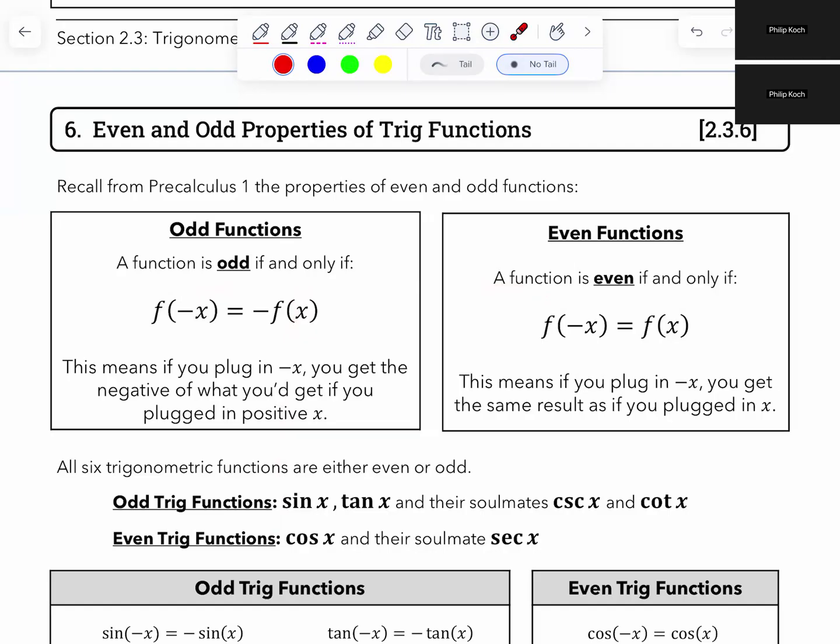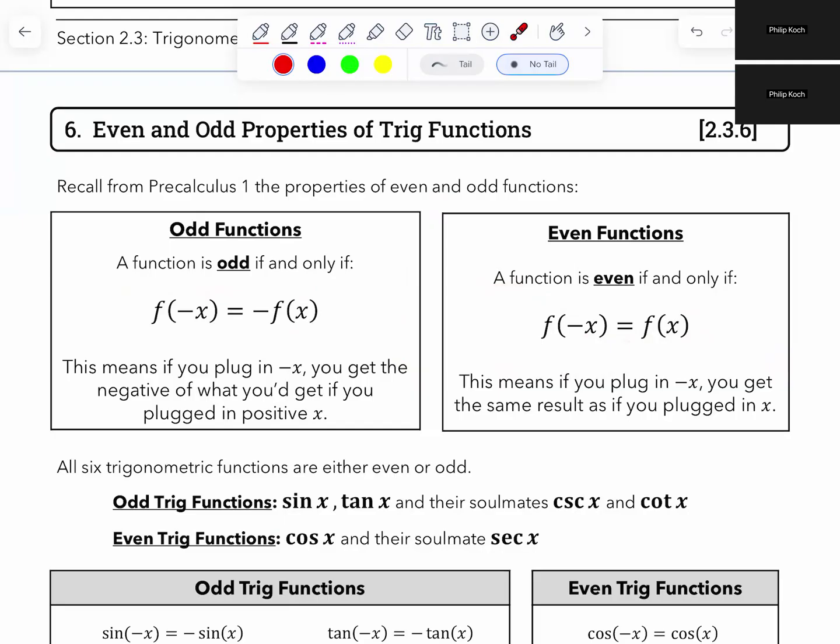And an even function is one that is symmetric with respect to the y-axis. So if you plug in the negative version of your x component, if you flip it over to the other side, it gives you the same y value. So f of negative x is equal to f of x. There are a lot of cool properties about even and odd. It's a fun thing to do, I guess, but it's not really super useful in the long run.